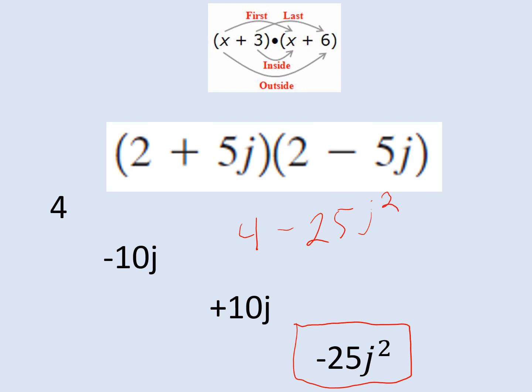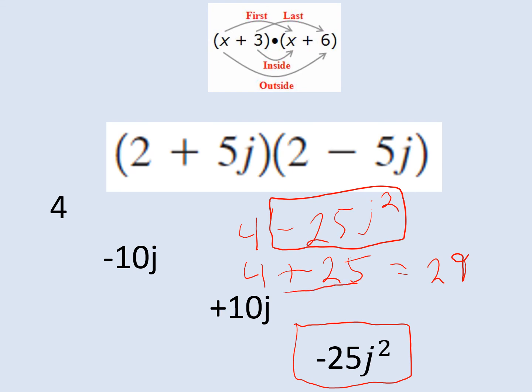Well, j squared is negative 1, so you're left with 4 plus 25, which equals 29. Going back to the previous step, if you have a negative 25 times a negative 1, which is what j squared is, you'll be left with a positive 25. And you can just add those terms together because they're both real numbers.